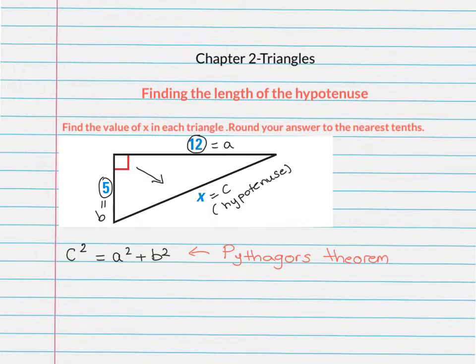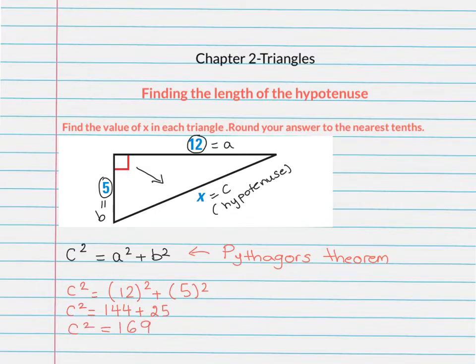C squared is equal to 12 to the power of 2 plus 5 to the power of 2. So c squared is equal to 144 plus 25. C squared is equal to 169.